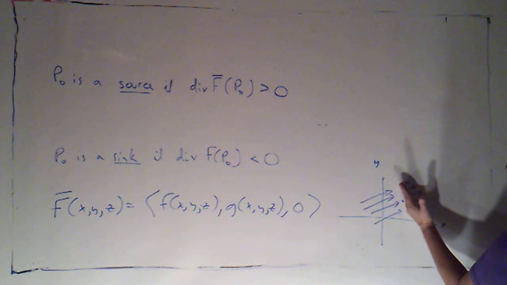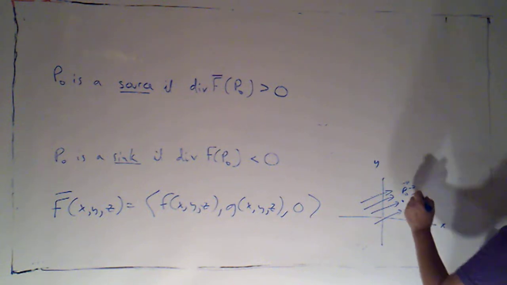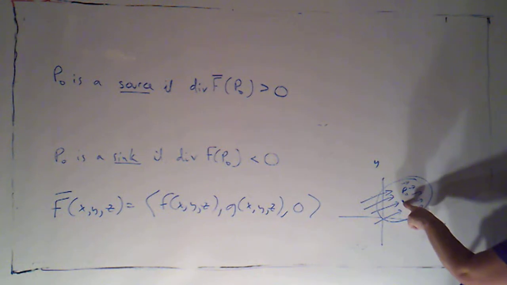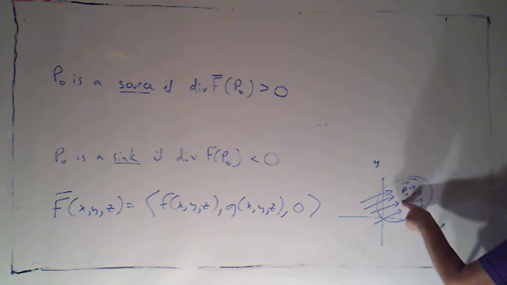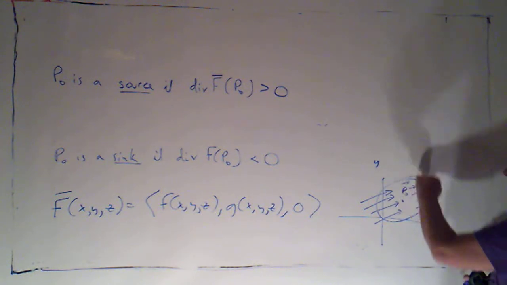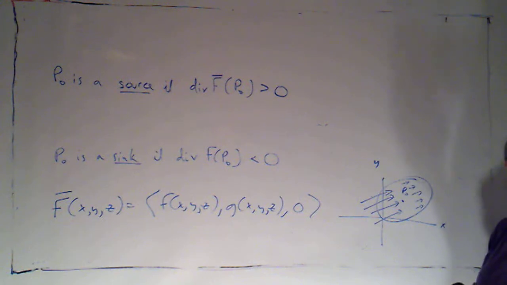So stuff is flowing faster in this direction and slower in this direction. So based on that, I can determine that P naught here would have to be a sink, because I have more stuff flowing into a small region around P naught than I have flowing away from that.